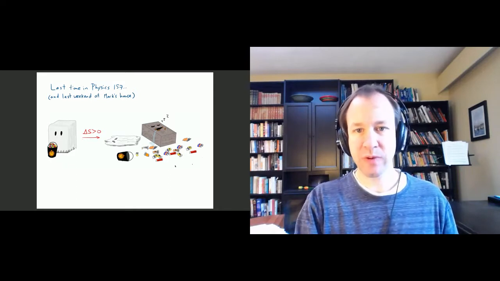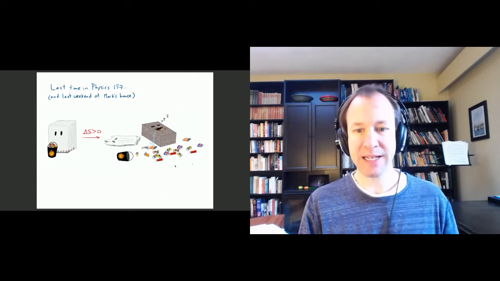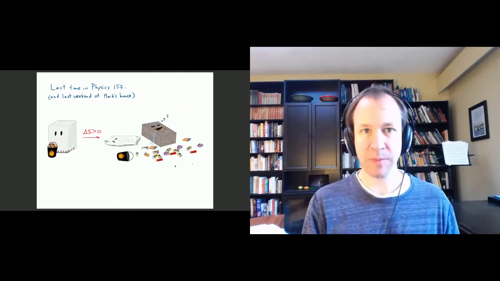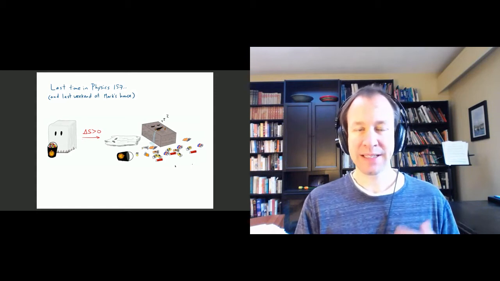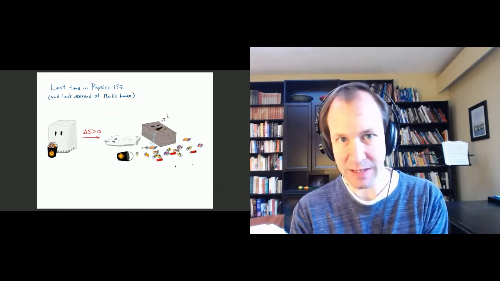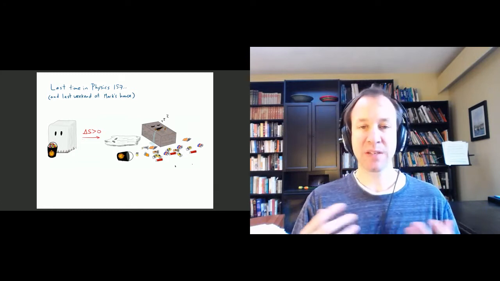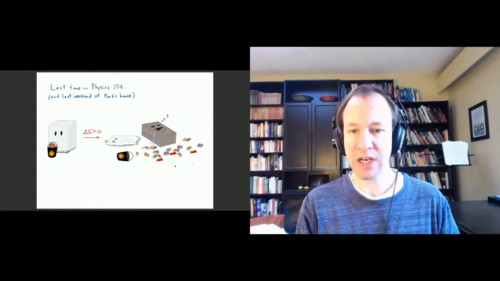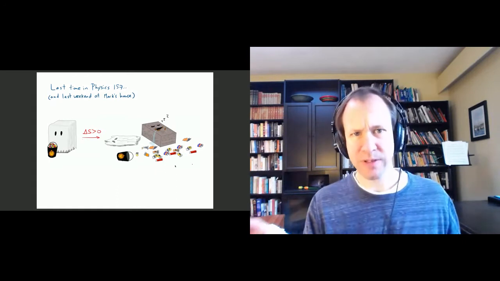that if we have a random process that determines where each individual candy wrapper ends up, so if we're not really careful to make a neat little pile, then it's an extremely low probability that all the candy wrappers will end up in a neat little pile. It's much more likely that you'll end up in one of these more common configurations where the candy wrappers are spread out.